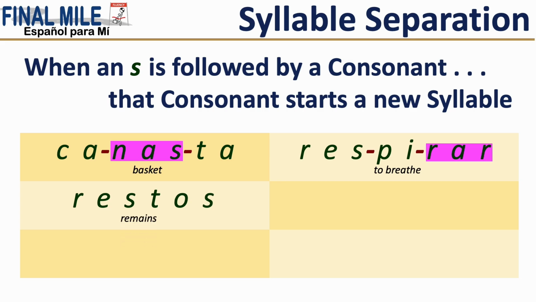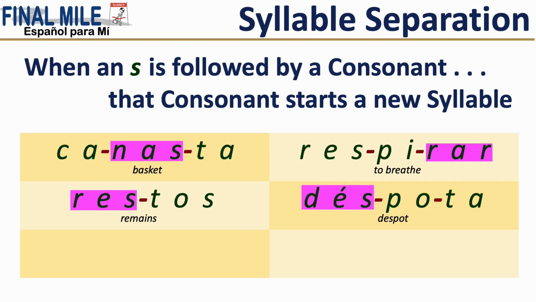Another S followed by a consonant. We know the break goes there. Restos. S followed by consonant, break goes there. Then we have two more syllables, basic syllables, pronunciation emphasis where the graphic accent is, and we say despota. Despota.